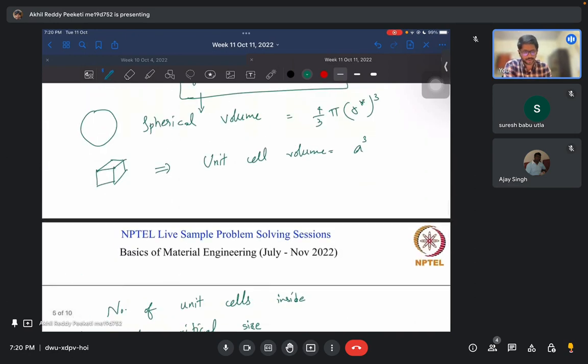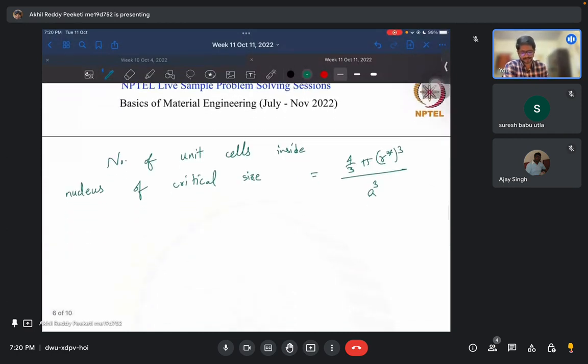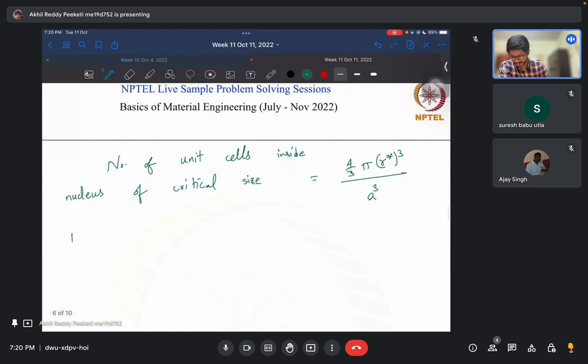So in this entire volume, how many unit cells can we fit? It's just a ratio of 4 by 3 pi r star cube by a cube, right? So that is the number of unit cells we can fit, and nickel is actually an FCC crystal structure.